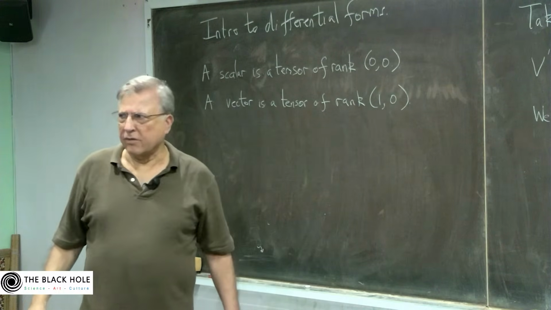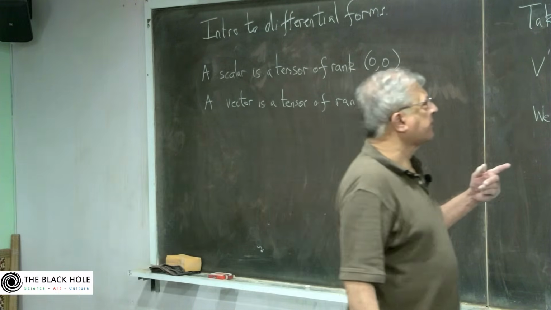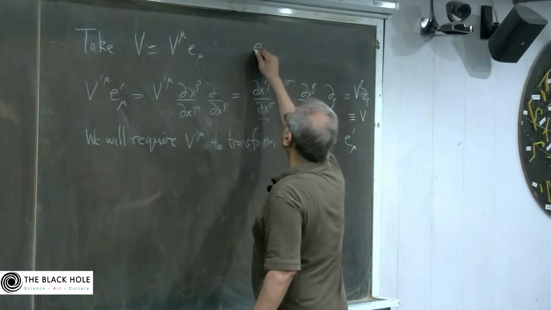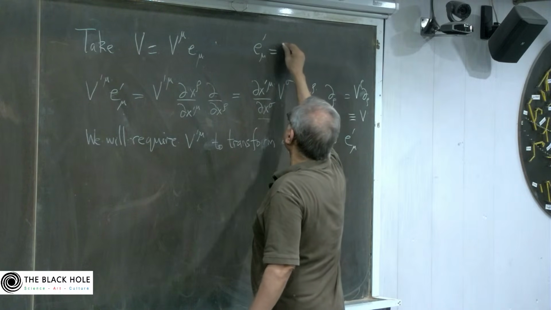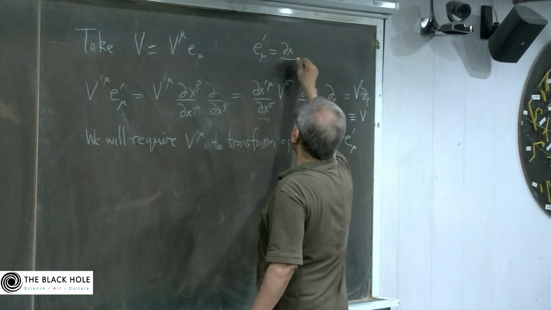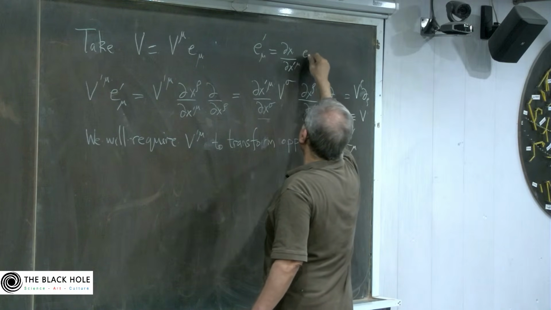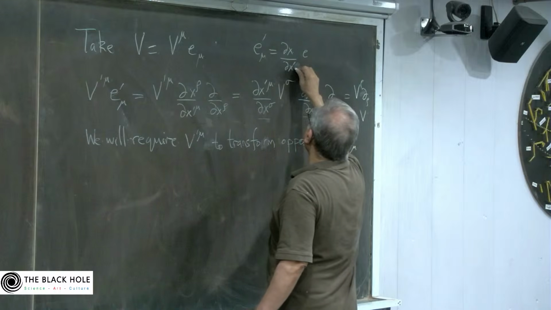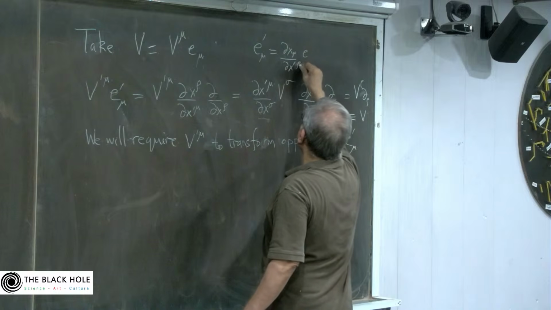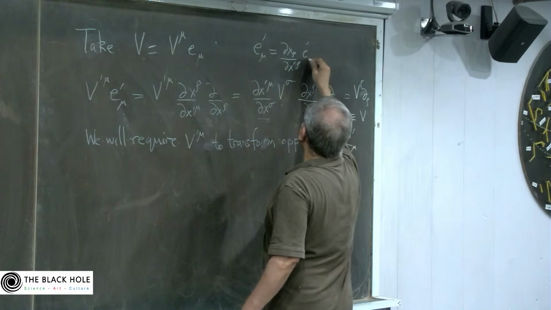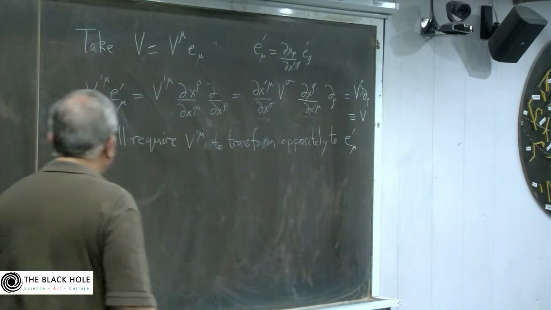Why? Because E mu transforms in this way. That's the covariant way of doing it. Fine.